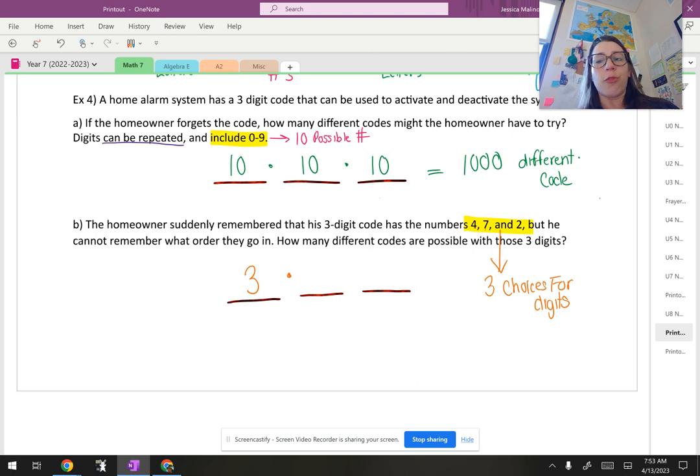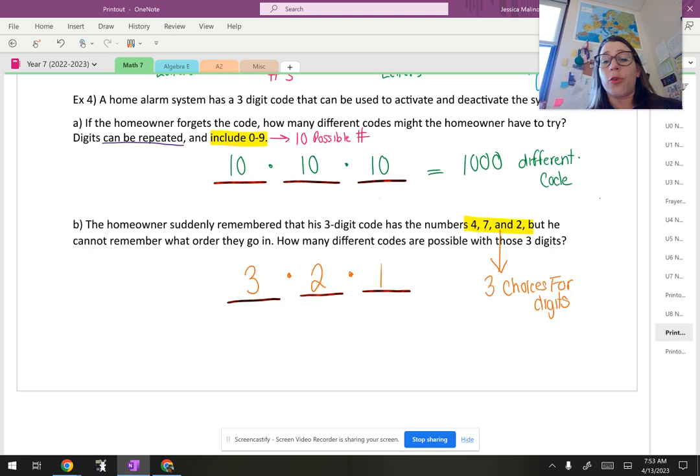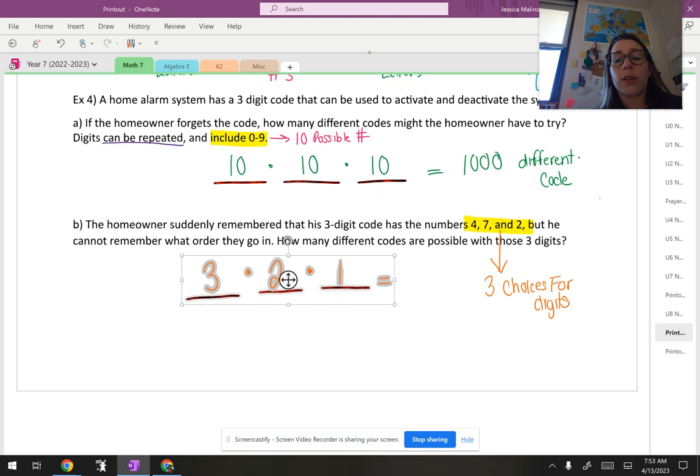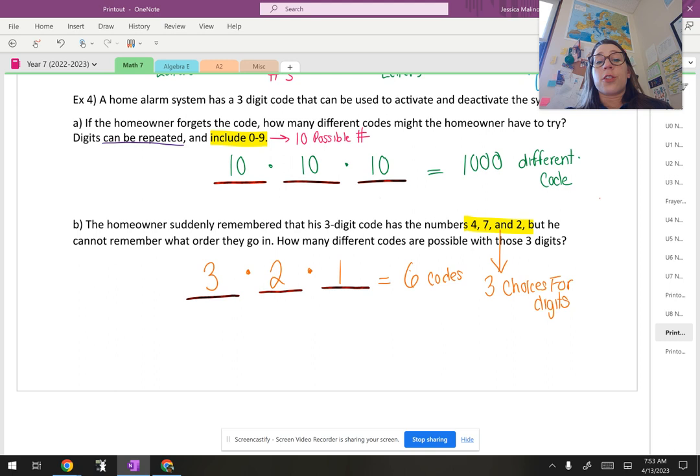And if I use 2 4s, that doesn't leave enough spaces for a 7 and a 2. So that narrows my choices down to 2. Last but not least, there's only one potential choice, which 3 times 2 times 1 gives you 6 combinations. 6 codes. So not too bad, right?